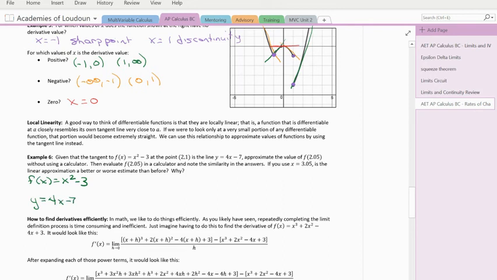So if we approximate the value of the function f of 2.05 using the tangent line, we can say that y is equal to 4 times 2.05 minus 7, which gives us that y value is going to be 1.2. Now, I would like you to evaluate f of 2.05 using f of x in a calculator, and then note the similarity in the answers.